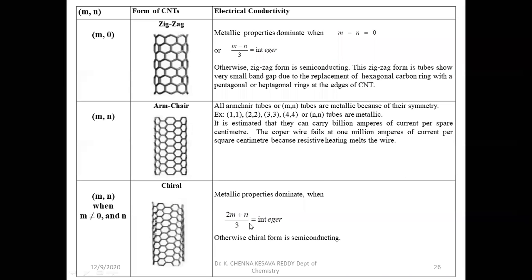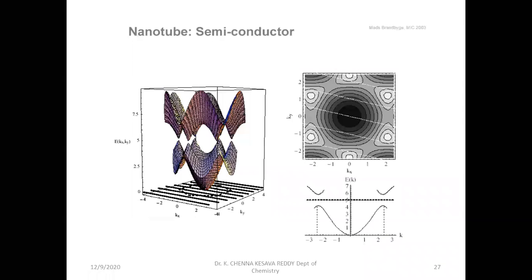And chiral in between: if (2m plus n)/3 equals an integer, metallic properties dominate. If it is not, semiconducting properties will dominate. That means there is a chance for both. It depends on the rolling vector of the carbon nanotube. Based on these three rolling vectors, your carbon nanotube will exhibit different electrical properties.